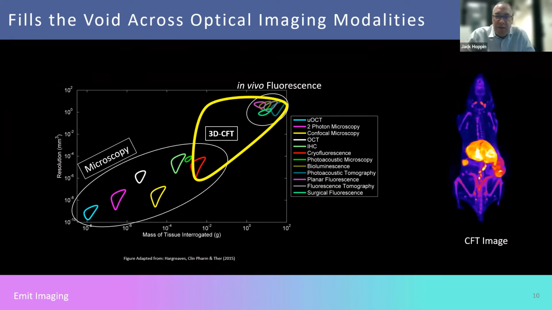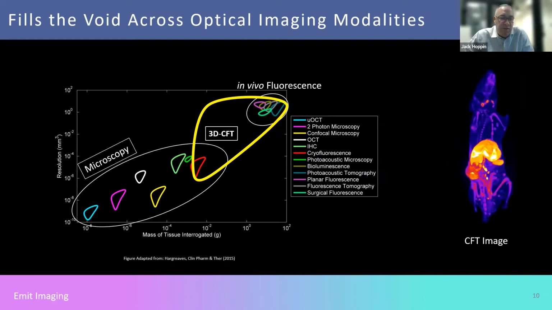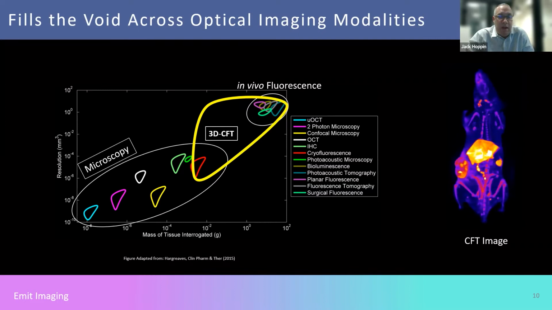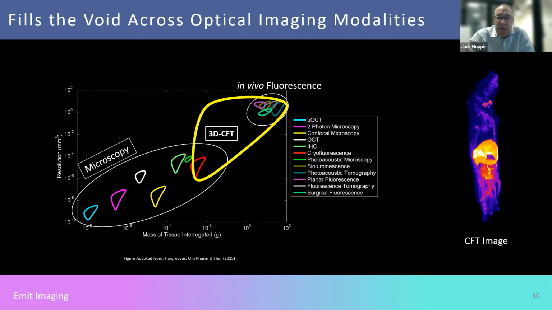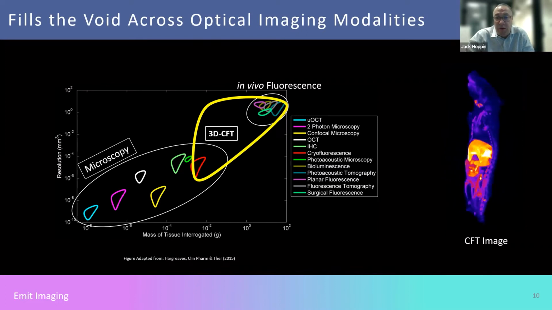And there you see the bottom line is when you're imaging at in-plane resolutions of tens of microns and sectioning at tens of microns, you really get an incredible image of the biodistribution of the fluorophore in the animal.